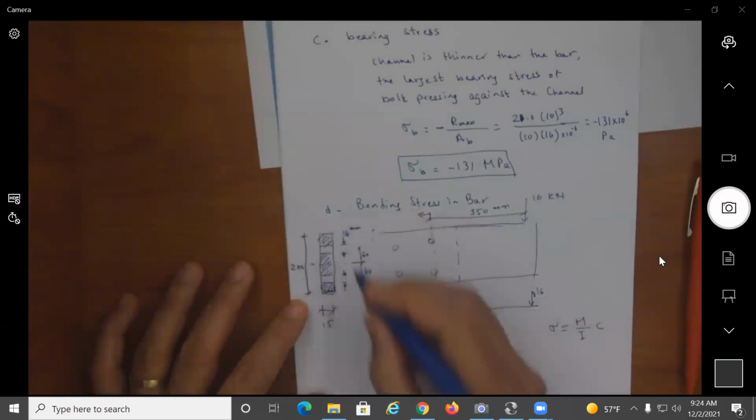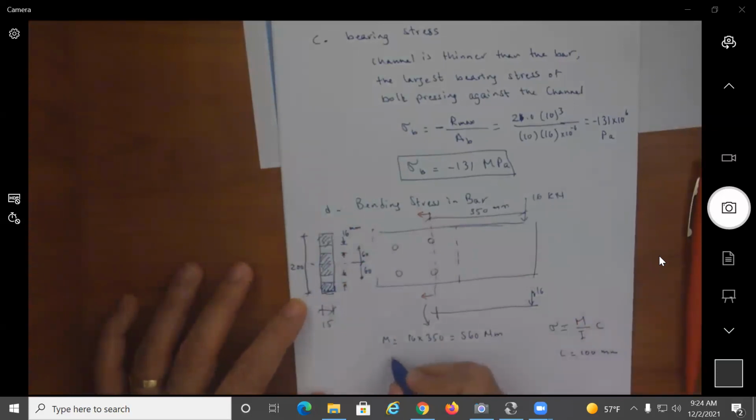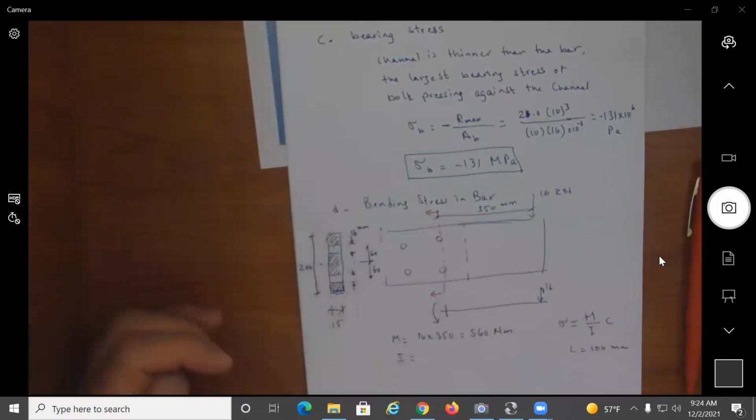So I know that this maximum distance C is equal to 100 millimeter. So how about I? Is the moment of inertia of this. How do I find the moment of inertia? Back to statics. We can do it by parts and use negative areas.